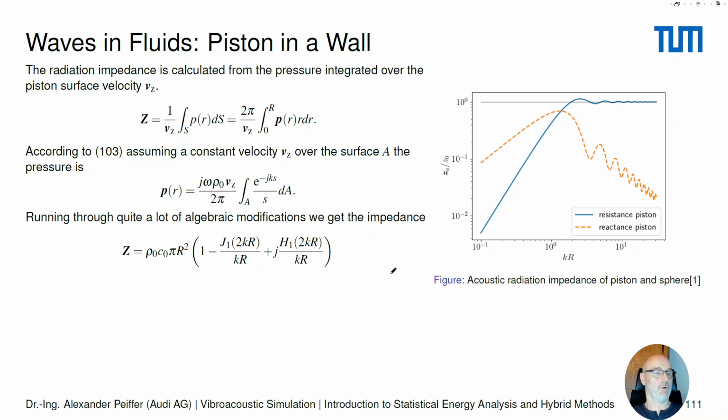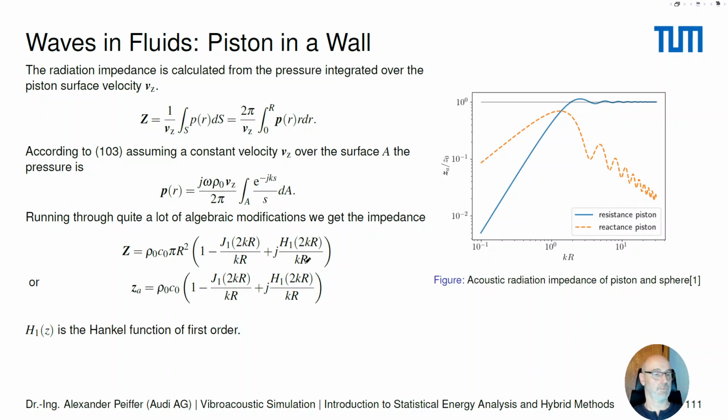But when you go through the modifications, you get this radiation impedance: a Bessel function of, again, 2kr and kr, plus an additional function denoted by H1, the so-called Hankel function of first order. When we create the acoustic radiation impedance out of it, we have to divide by the surface here and get rid of this term, then we get this value.